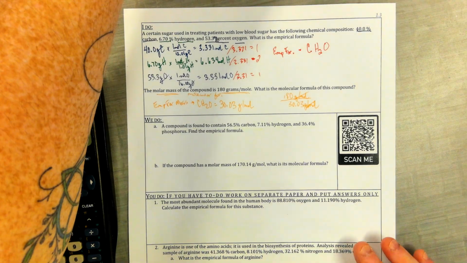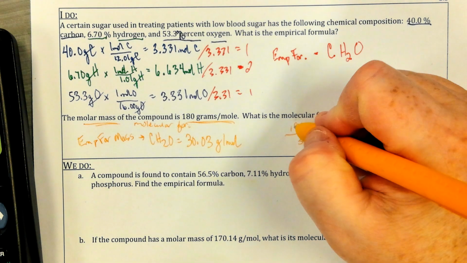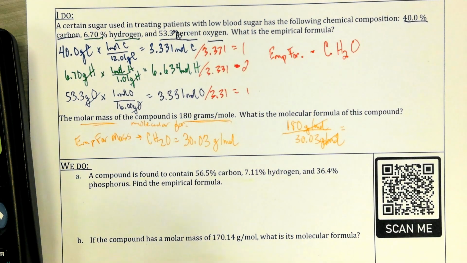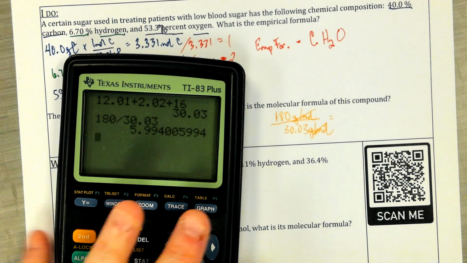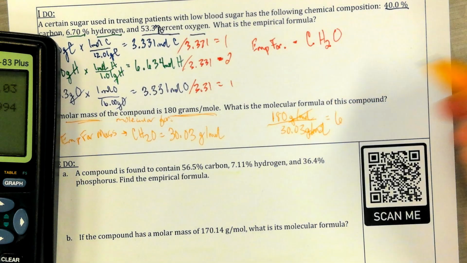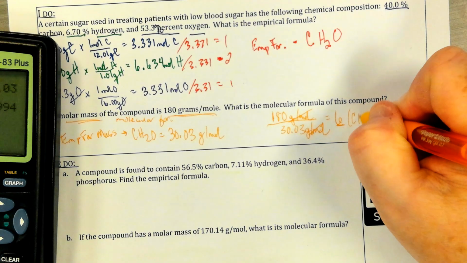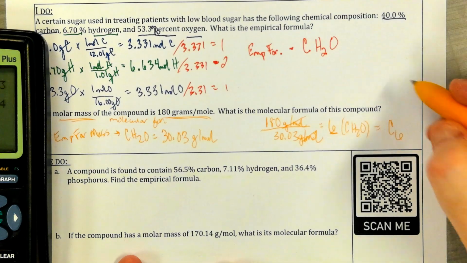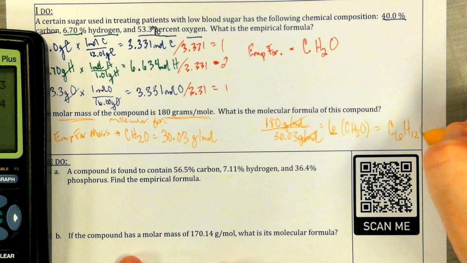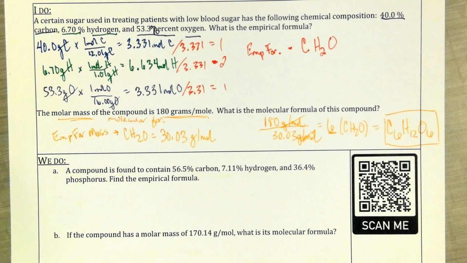And I'm just going to zoom this in just a little bit so you can see the yellow a little bit better, okay? And so 180 divided by 30.03 gives me a multiplier of 5.9940. So I can just round that to 6. So I'm going to take this 6 and multiply CH2O, and I get C6H12O6. And that is my molecular formula.